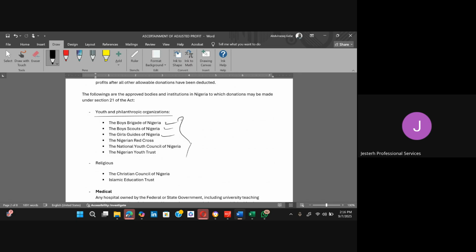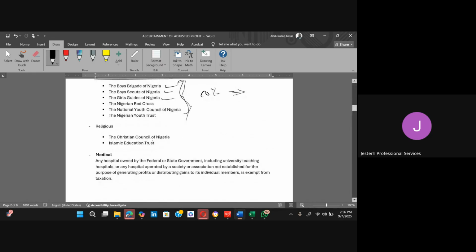Any donations that we are making to all these bodies should not be more than 10%. Anything above 10% will be disallowed.